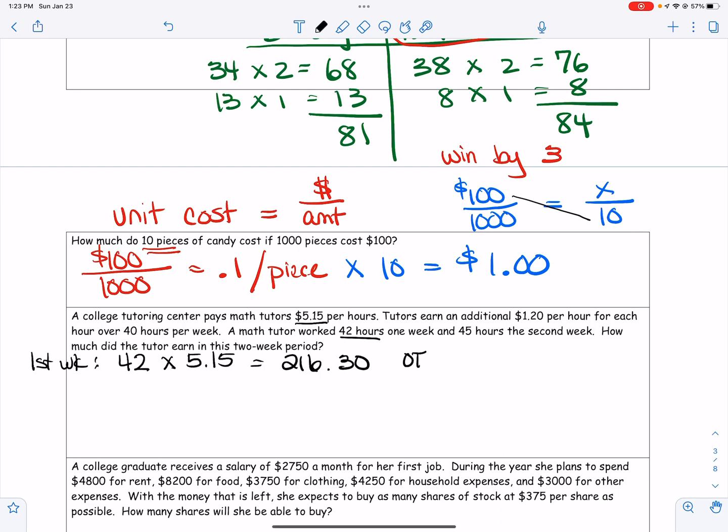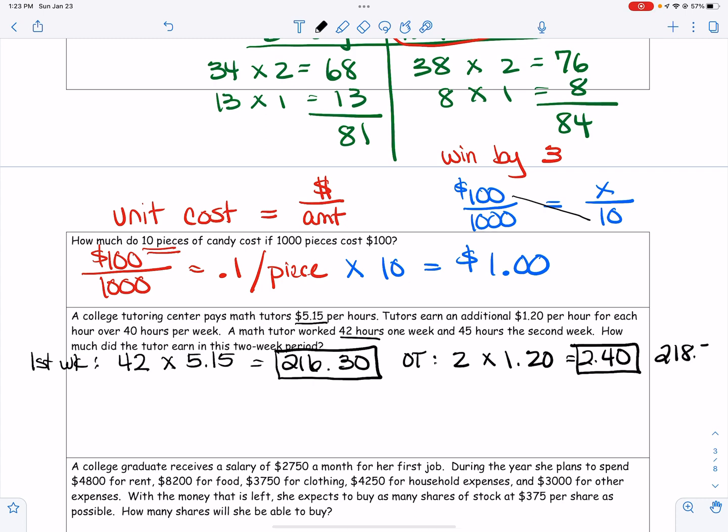Then the overtime is 2 hours times $1.20, and that gives me $2.40. So for that first week, I add them together, and that is $218.70.